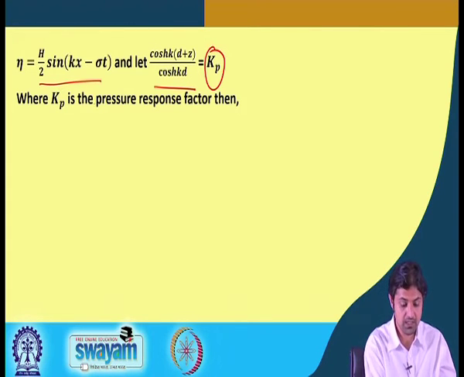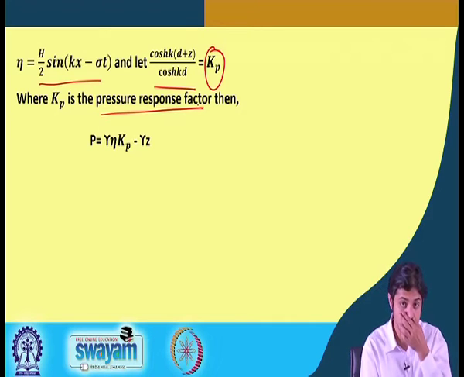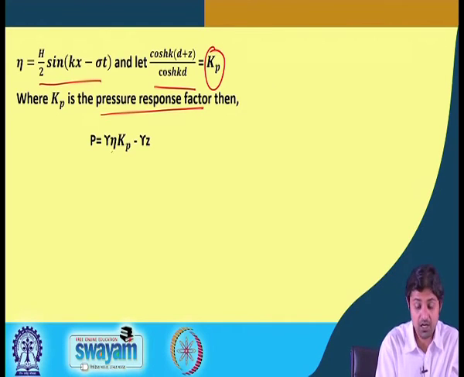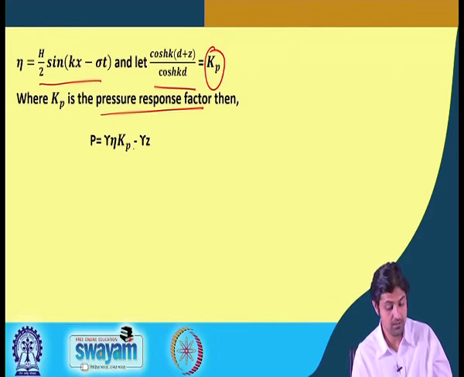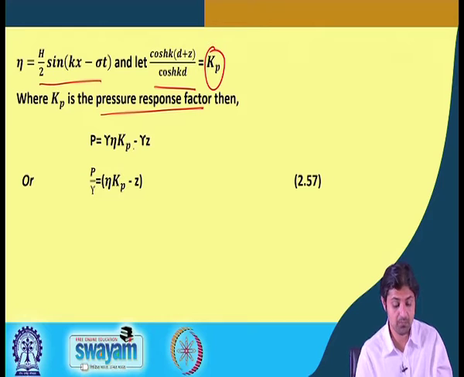We say that K p is the pressure response factor. Then we can simply write p as gamma eta K p minus gamma z, or p by gamma as eta K p minus z.